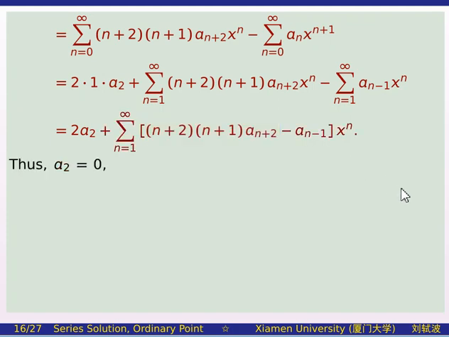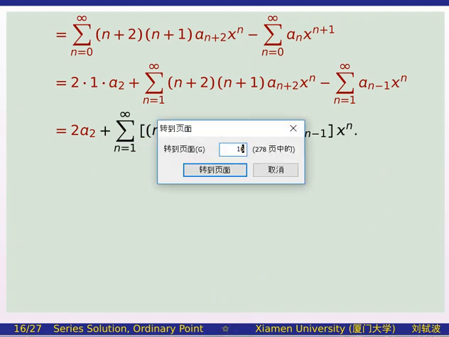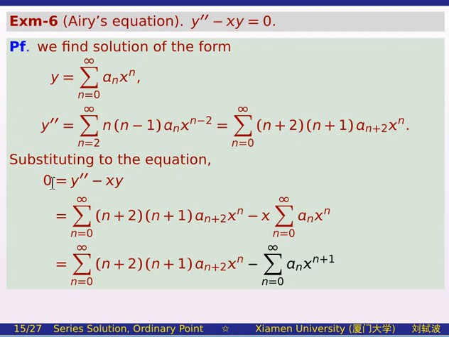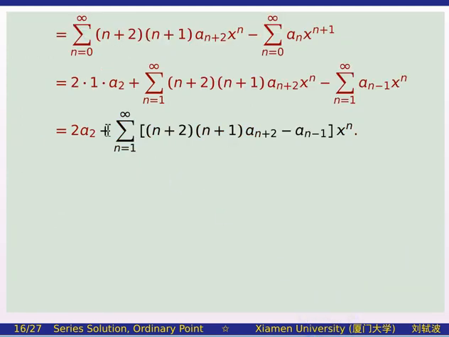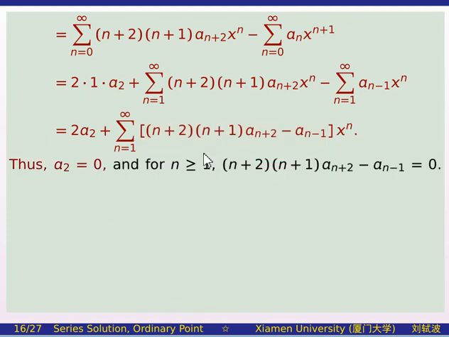And the left hand side of this computation is 0. So it follows that 2a2 is 0, that is a2 is 0, and the coefficient of xn in the summation should also be 0, for n greater than or equal to 1.